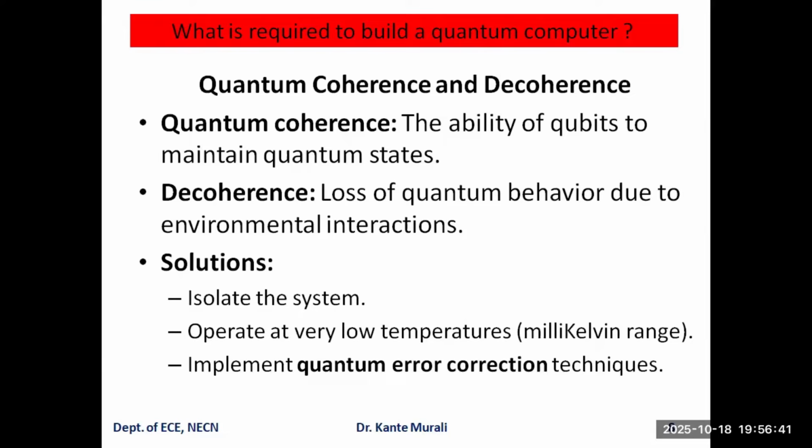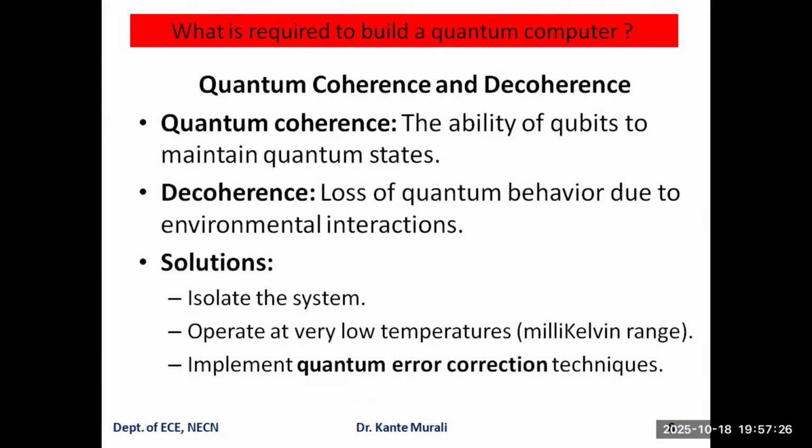Now, let's see what quantum coherence and decoherence are. Coherence means qubits retain their quantum state without interference, the ability of qubits to maintain quantum states. Whereas decoherence means a loss of quantum behavior due to environmental interactions. That means decoherence happens when a qubit interacts with its environment, like someone bumping the table while you are spinning a coin that is still in motion.